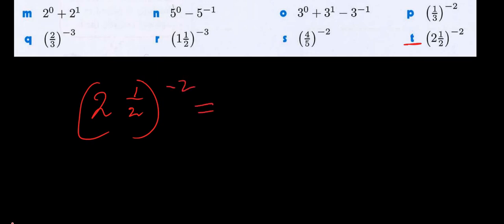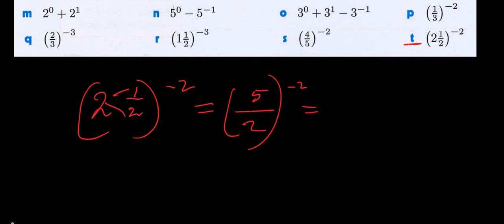So finally, we have 2 whole number 1 over 2 exponent -2. Let's change the mixed fraction to an improper fraction, and that's going to give us 5 over 2. All we did is that we used 2 to multiply: 2 times 2 is 4, and then plus 1 is 5. So 5 over 2 exponent -2. Now we want to make the negative exponent a positive exponent.